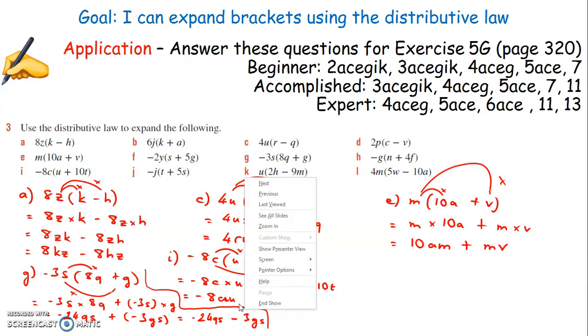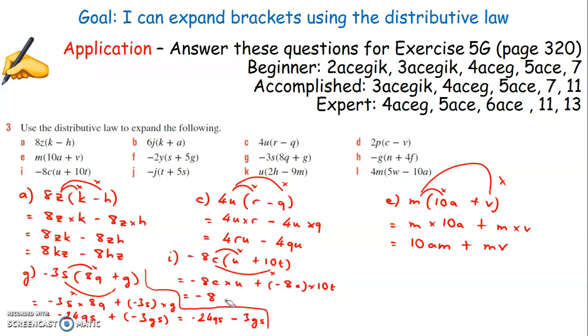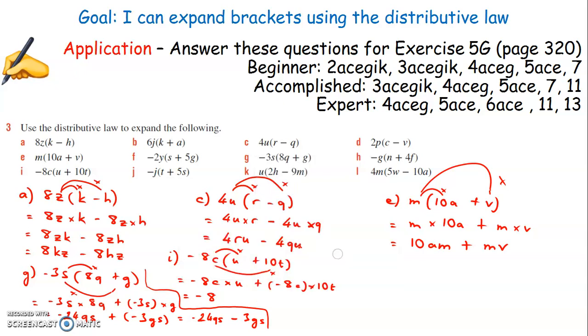So here we go, negative 8c times u, bring the plus sign down, and negative 8c times 10t. Negative 8c times u is going to give us negative 8cu, and bring the plus sign down. Here we have negative 8 times 10. Negative times a positive is a negative. 8 times 10 is 80.